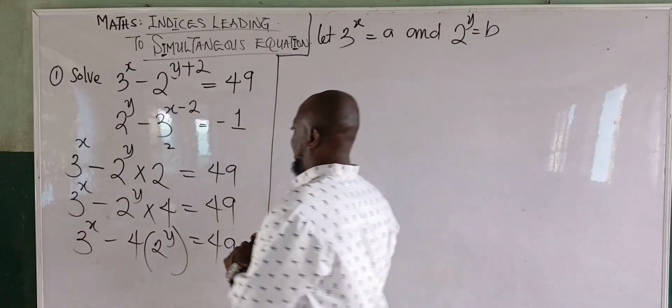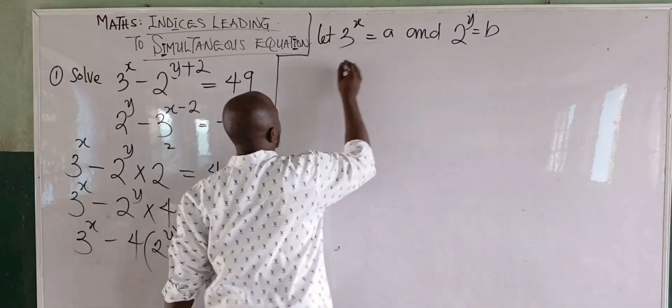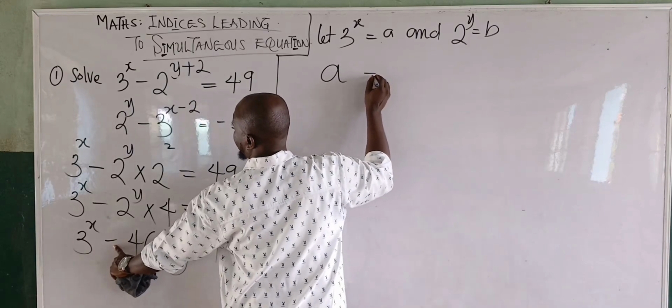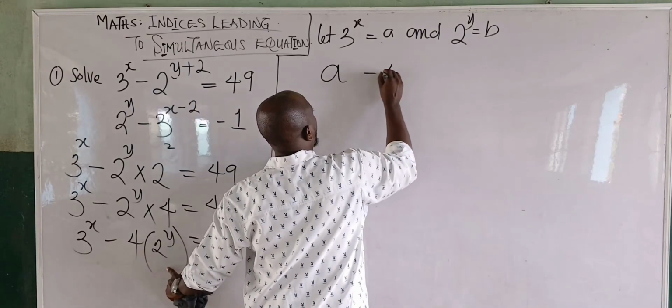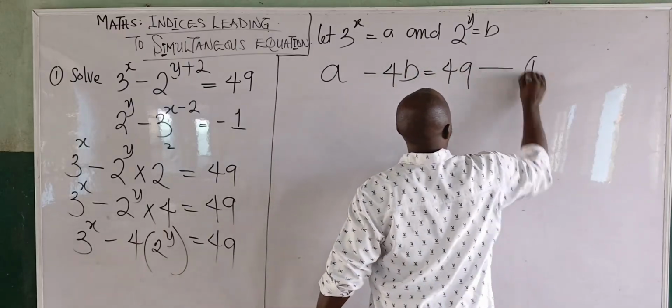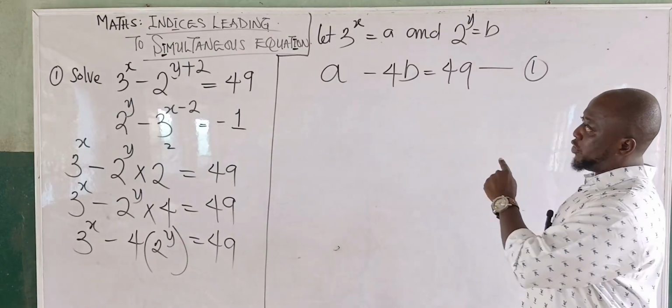This is the first thing we'll do. So if I see 3^x here, now I'll put a there. So I have a minus 4b equals 49. This becomes my equation 1.